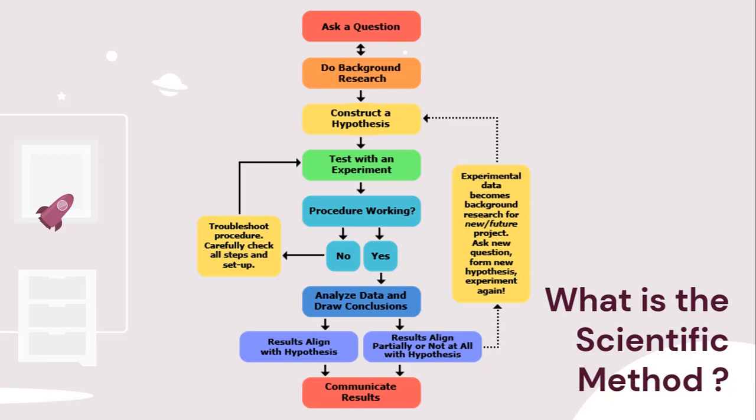So back here in the middle, this is the testing with an experiment. For us to be able to have a good result here, a valid conclusion, let us learn the skill of designing our experiments well.